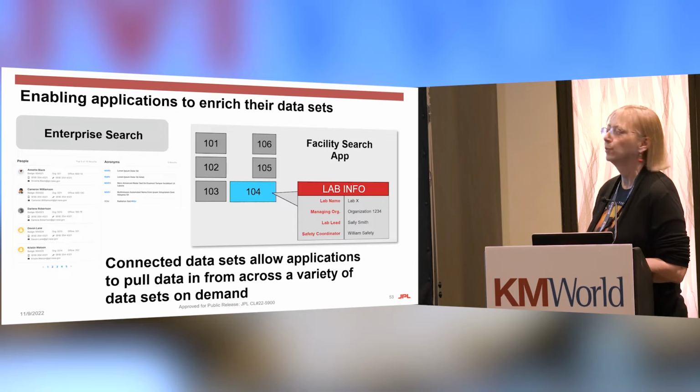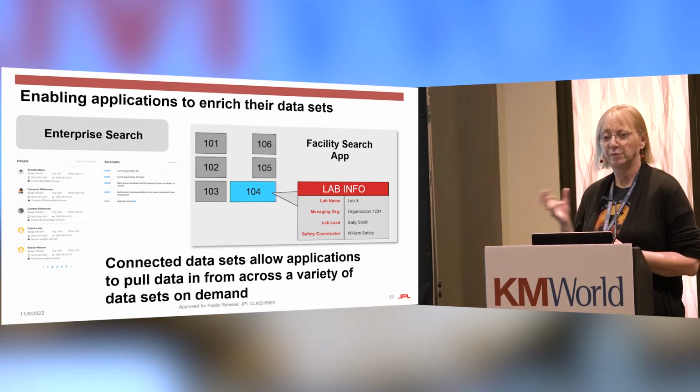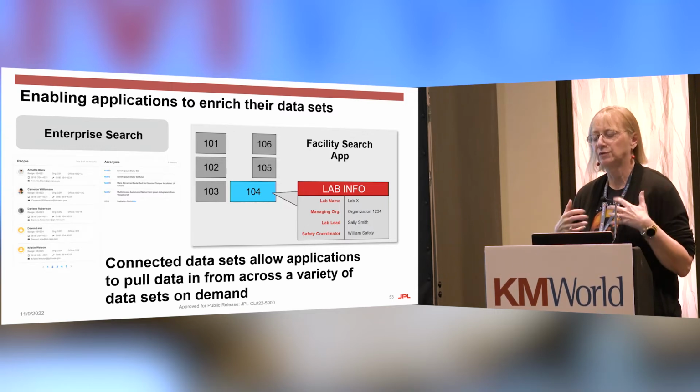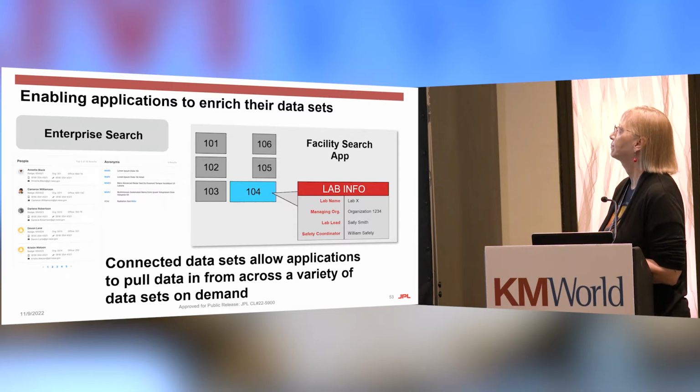So we've been working with the enterprise search team so they can start leveraging the IKG information to provide to users who are using the internal portal to search for things. There's also another application called a facility search.